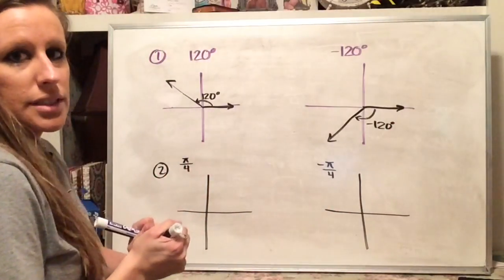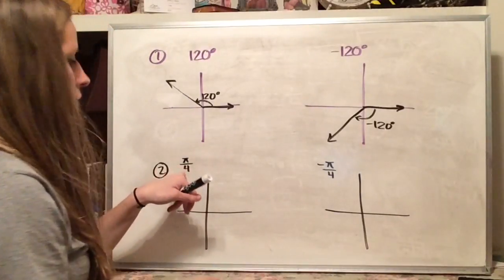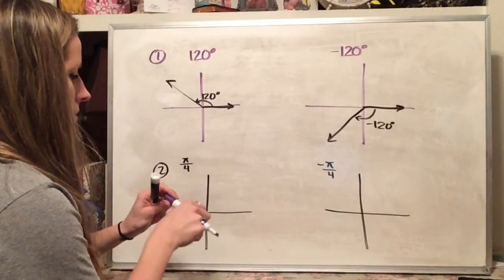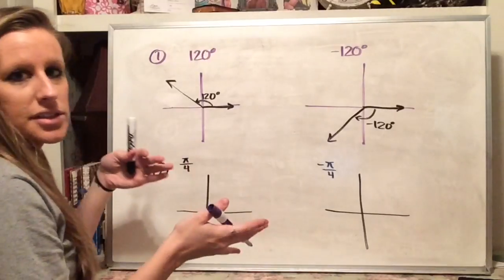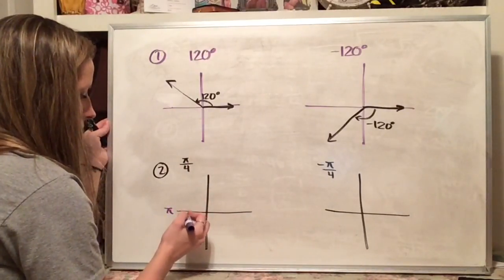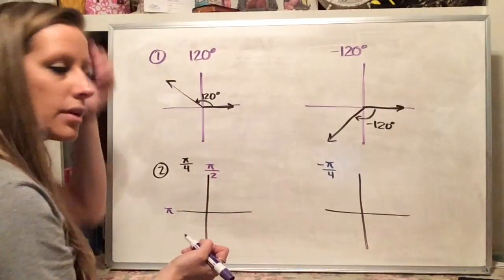Okay, number 2, I'm going to sketch an angle in radians. So you have to know what pi over 4 is. If you think about it, 90 degrees, okay, we said 360 degrees was 2 pi, 180 degrees was pi. If we cut that in half, 90 degrees was pi over 2, right?